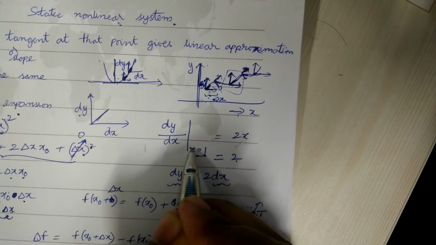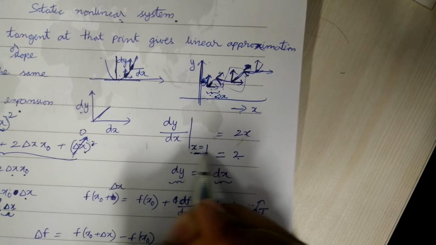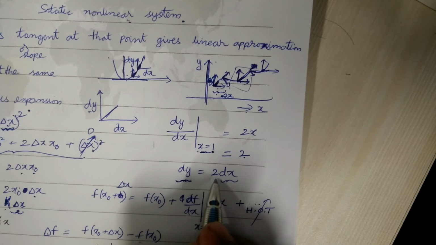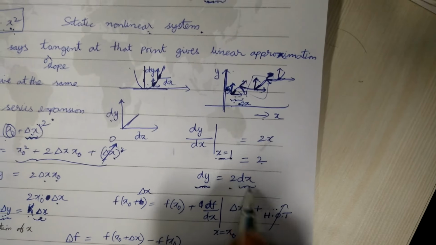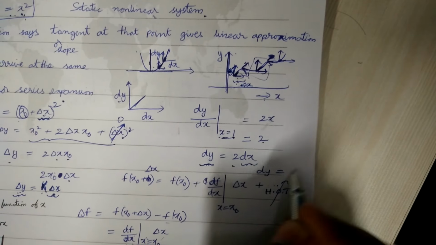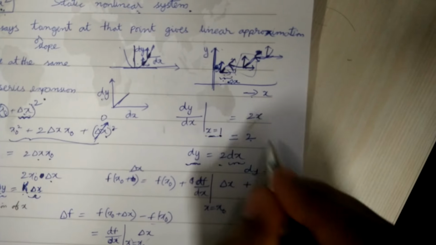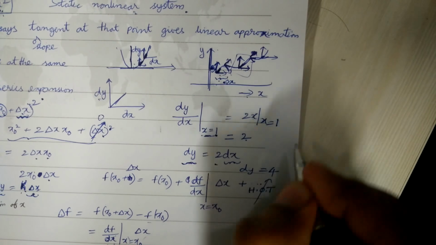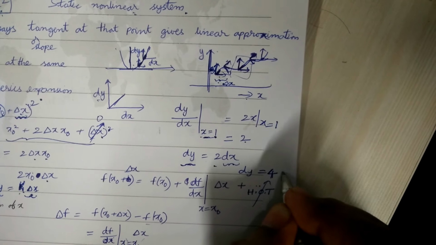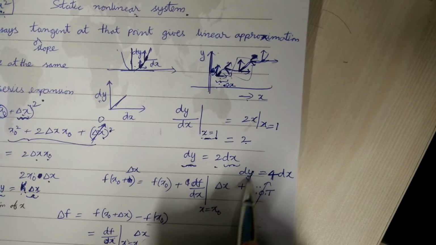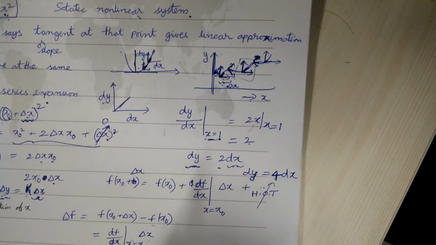So around that operating point at x = 1, we will get the linear relationship dy = 2 dx. If x = 2, dy = 4 dx. So at each operating point, the linear approximation changes.